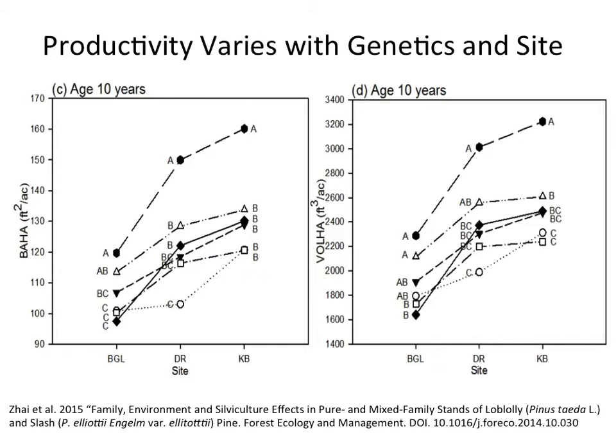So we got that going for us, right? But so we see this trend very often. This other trend right here, which is our best performing families are consistently performing the best across our sites. Okay, and pretty dramatic differences. If you can't see, this is square feet per acre, and this is volume, cubic feet per acre.